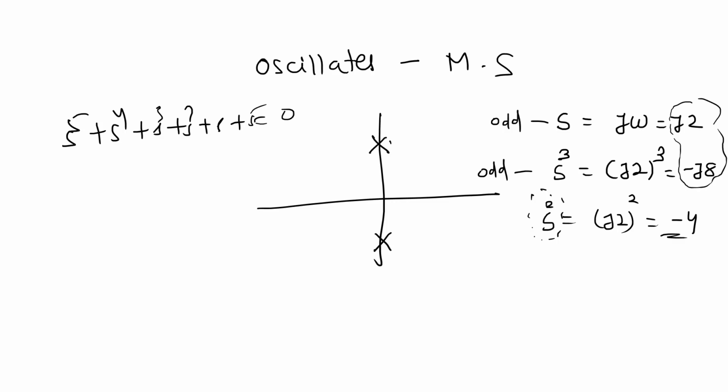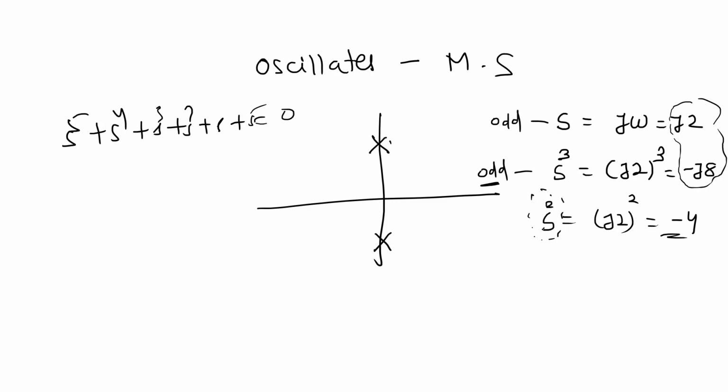Marginally stable means the poles lie on the imaginary axis, right? It means which terms exist? Odd parts or even parts? Even parts. Odd coefficients relate to the imaginary axis.